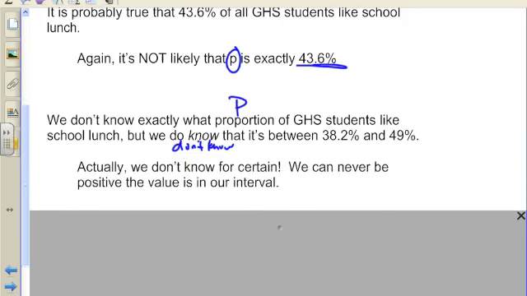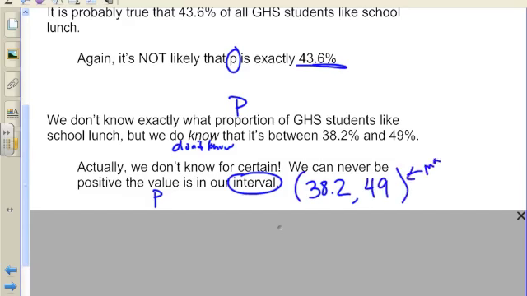We can never be positive the value for p, our true proportion, is in our interval. Remember I gave that range of numbers? It's somewhere between 38.2% and 49%. We put little brackets around that, and this is just a mathematical notation for interval. It means it's somewhere in there. I'm giving you the endpoints.